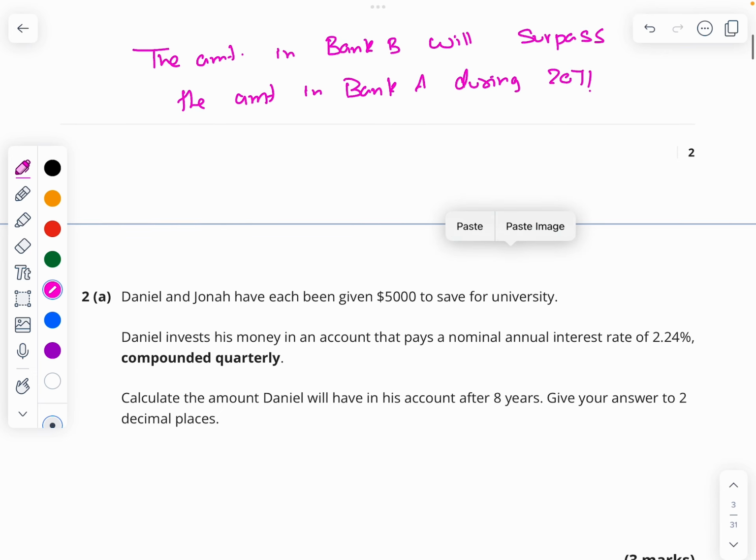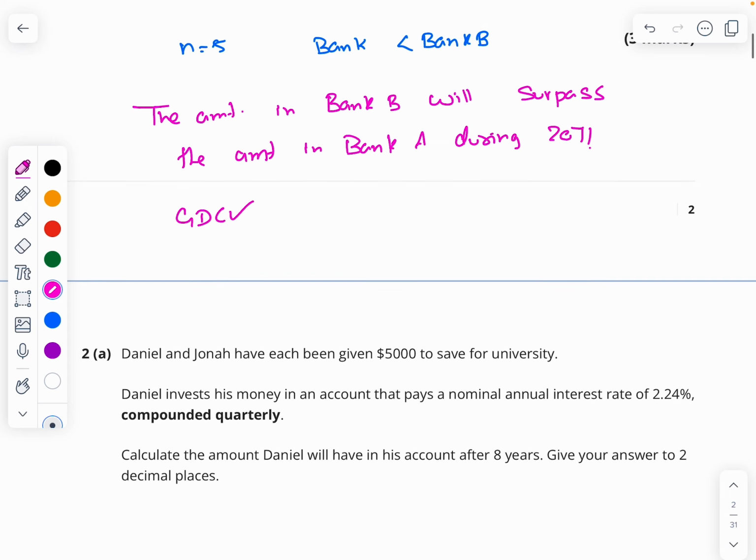You can use either the GDC to find those values or the graph. The easiest way is to draw the graph for Bank A, draw the graph for Bank B, and find the point of intersection from the calculator.